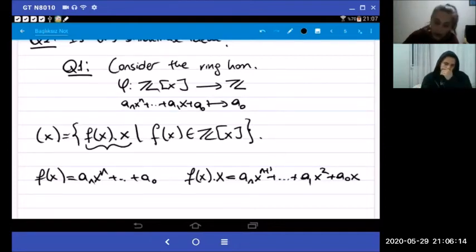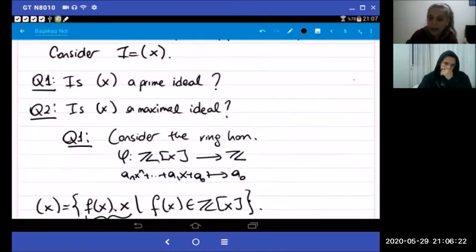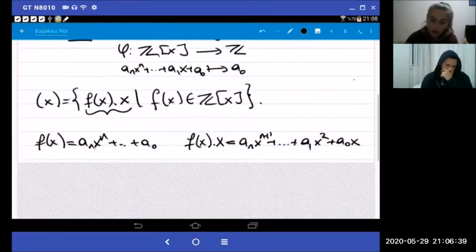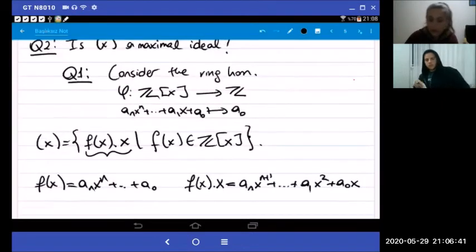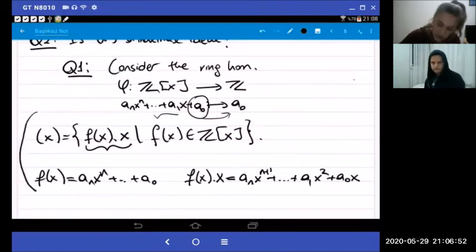So to obtain my ideal generated by x as a kernel, I have to get rid of the constant term, because my ideal does not have any constant terms in the polynomials that it contains. So here I am just sending a polynomial to its constant term.